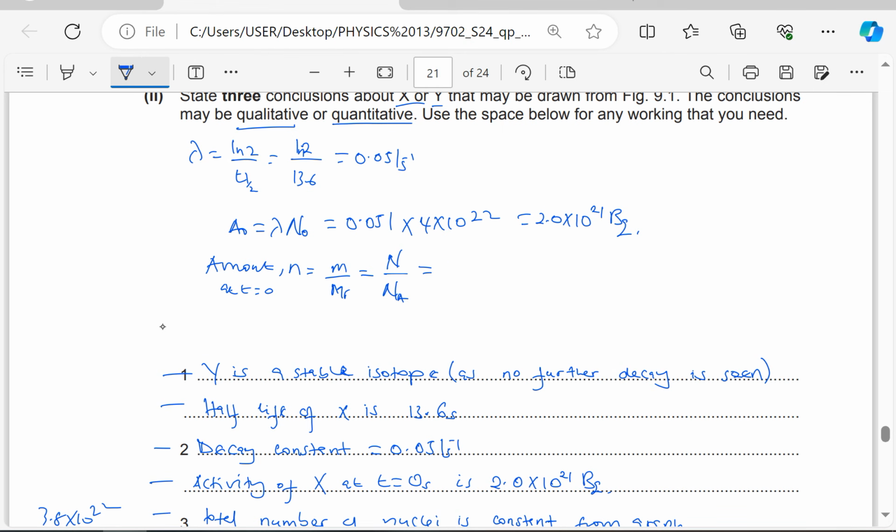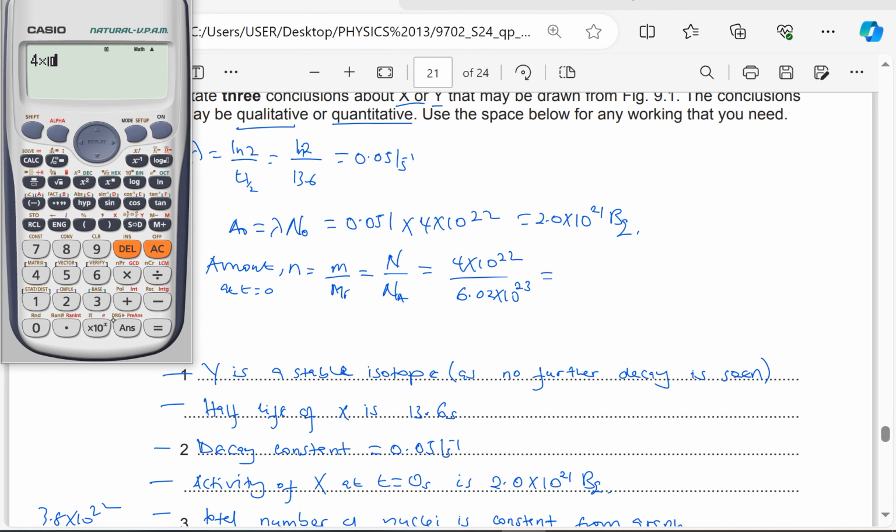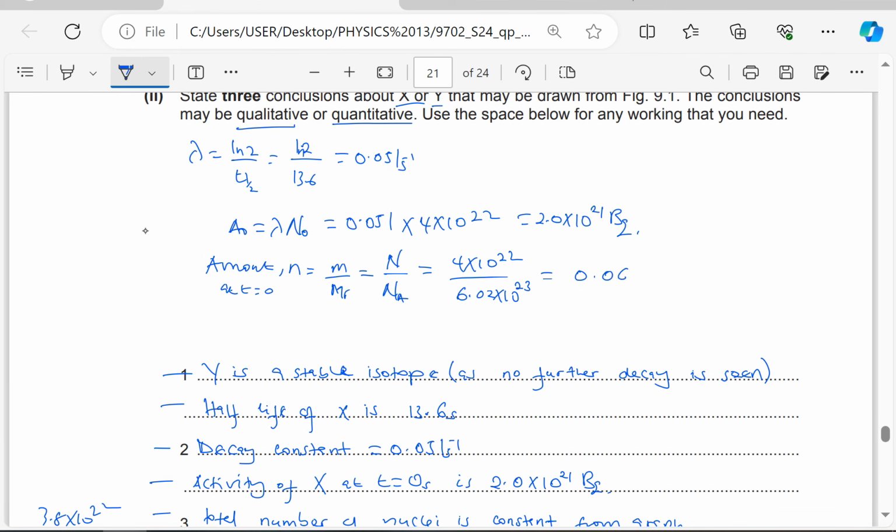This is 4 times 10 to the power of 22 divided by Avogadro's number, 6.02 times 10 to the power of 23. So it is 0.066 mole.